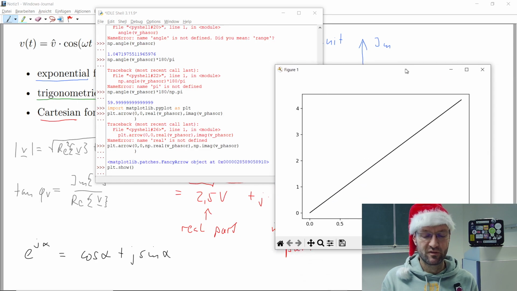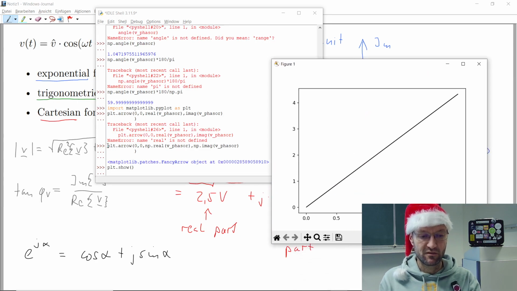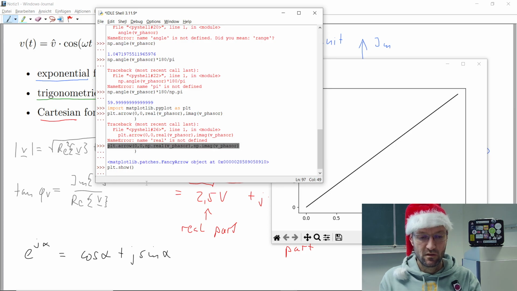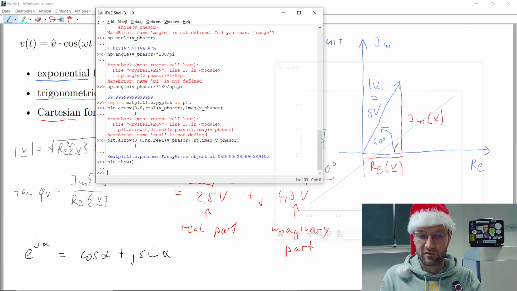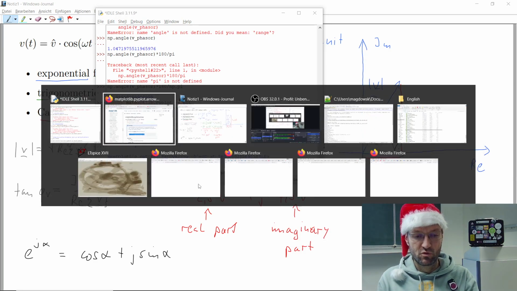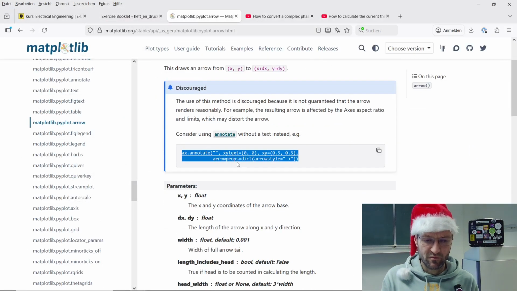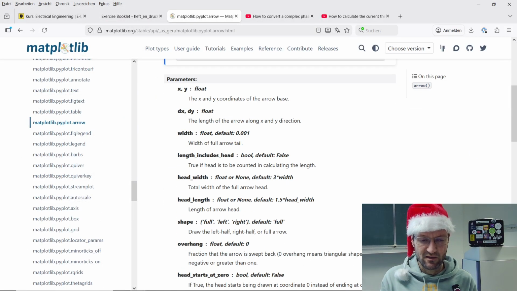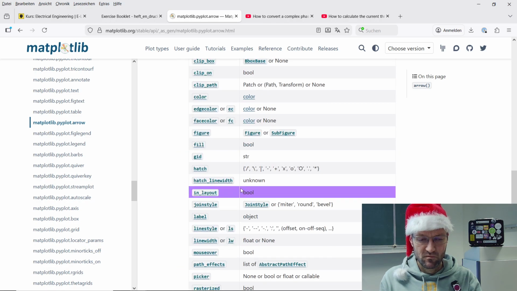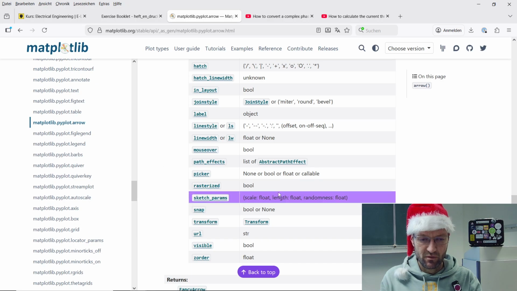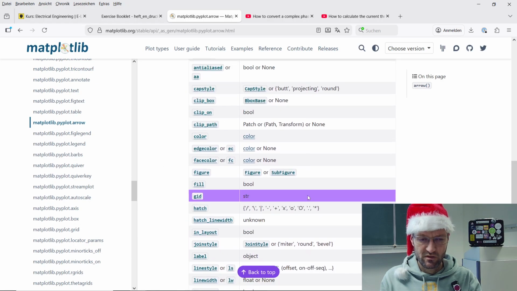Now with some arguments inside this function, if I close this, I can get back to the command line. There are some arguments where we can say that we might want a head width. I think there are not that many more arguments.